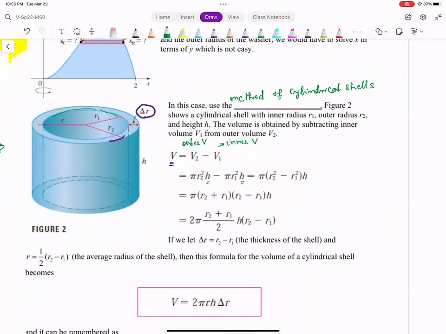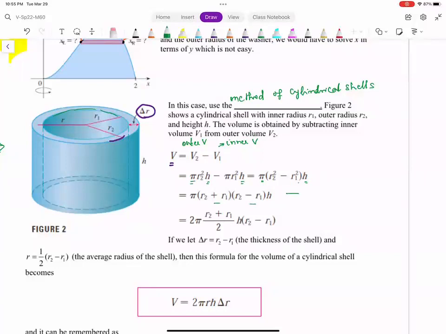Then h and pi are common, so they can be factored out. I'm removing pi and h, and then we are left with R2 squared minus R1 squared. This being a difference of squares, it can be factored into R2 plus R1 times R2 minus R1.